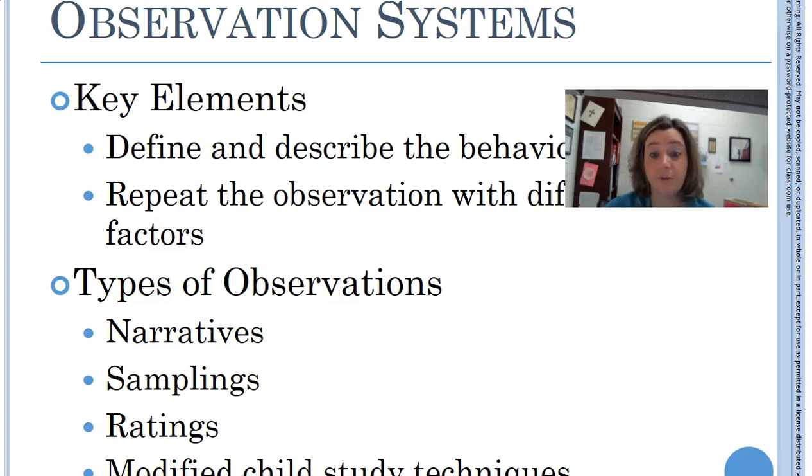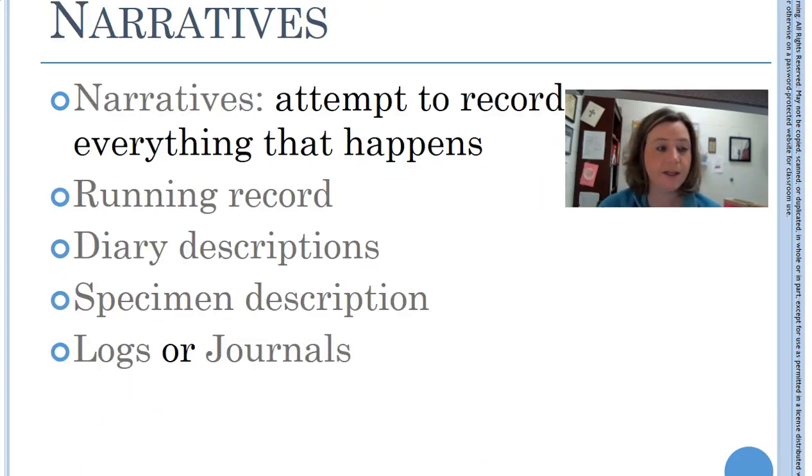But rest assured that when you take 165, you are going to get way more information. So a couple of the different types of observations: narratives, samplings, ratings, and then they also talk about some modified child study techniques that we don't use quite as much, but it is kind of interesting to see some different ways that have been done.